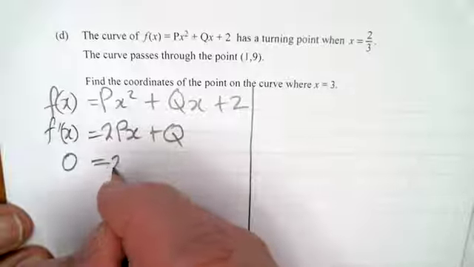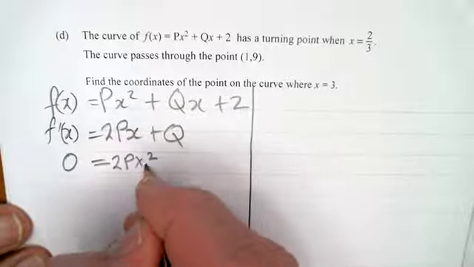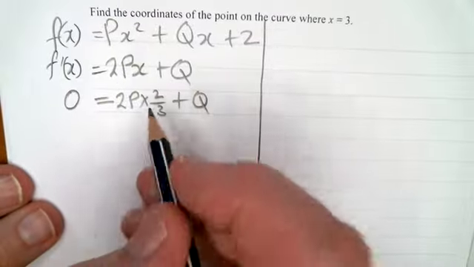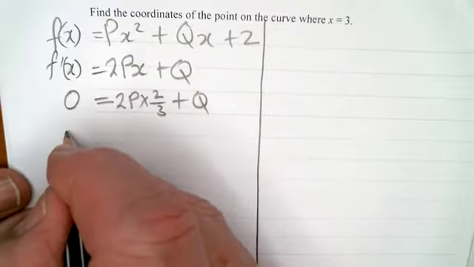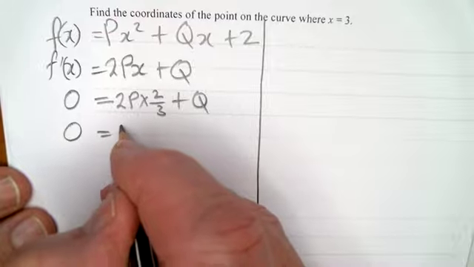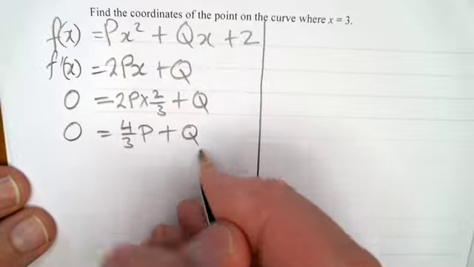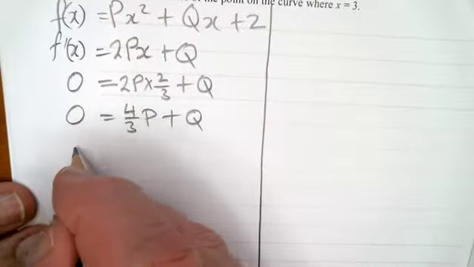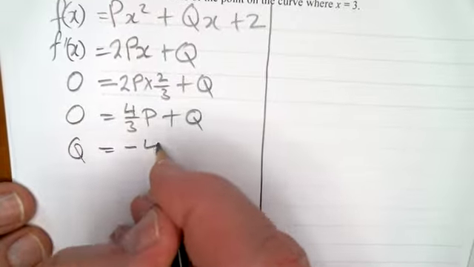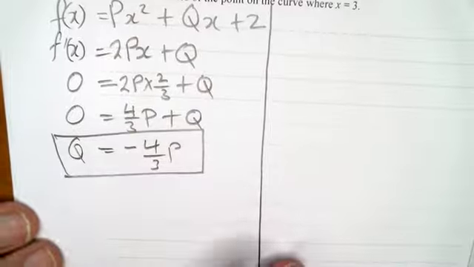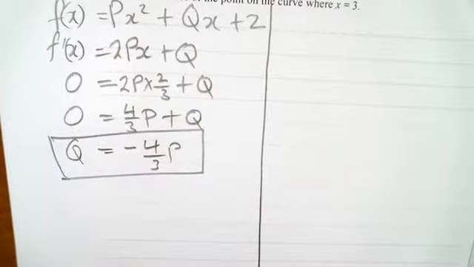So it's 2p times 2/3 plus q, and 2 times 2 is 4. So 0 is equal to 4/3 p plus q. Therefore, you can say q is equal to negative 4/3 p. And that's my first equation.